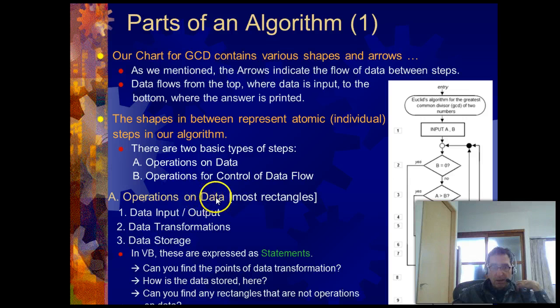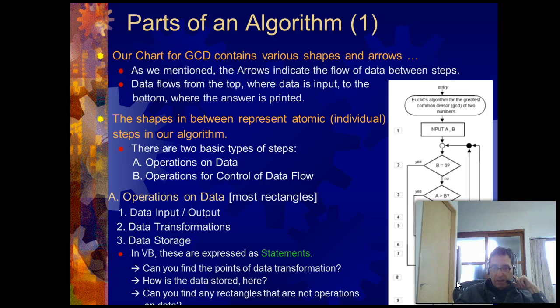Operations on data, most rectangles. So most of these rectangles are operations on data, but not all of them. So data input and output, that's considered an operation on the data. So here we have a rectangle for data input. Here we have an operation on data, printing it out.